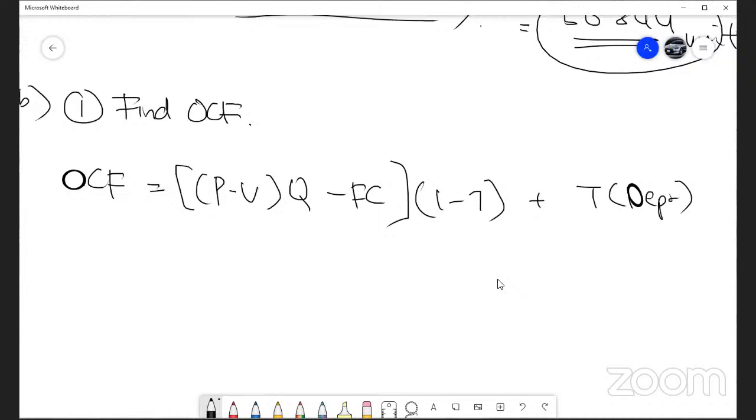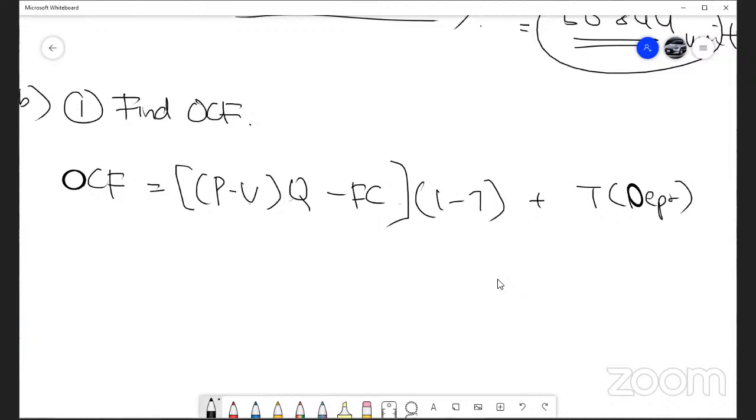The key is the selling price minus your cost, multiplied by 1 minus T. So why does it have so many things? This is the price minus variable cost. This is for quantity. Then there's a fixed cost, that's why it's minus again. So this whole total is actually your net cost, multiplied by 1 minus your tax.